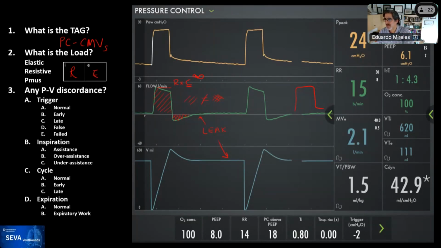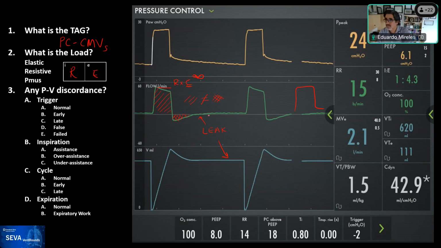You want to repeat the statement, Ariel? The inspiratory sensor records the inspiratory flow, that's what we see higher. But the expiratory sensor on the expiratory side records a smaller volume. So we have to assume that the difference is going out through another place which is not the vent.